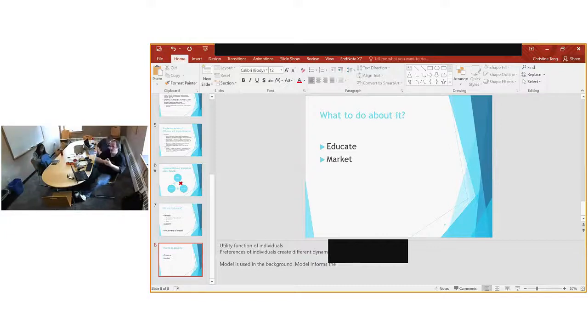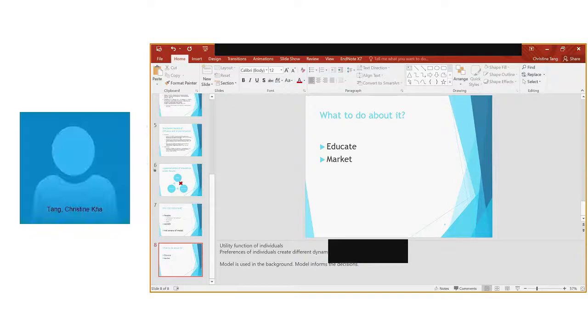You don't lead with the simulation, you lead with the insights and the knowledge and the expertise that is gained from the model.